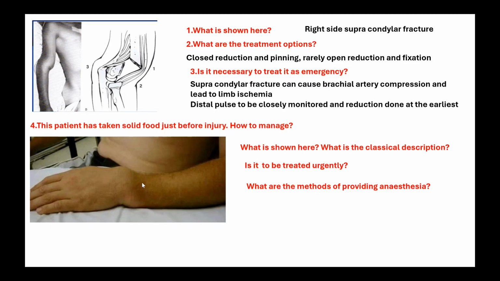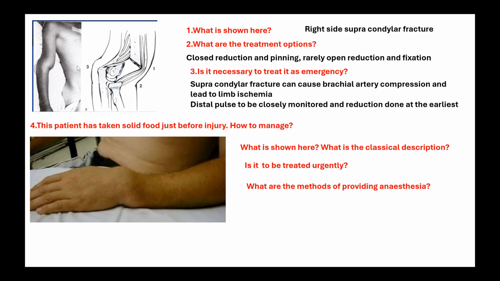Supposing they want to reduce this and apply a cast or put a pin, it usually happens in elderly patients, so they may have many comorbidities. Suppose it's a patient who is very obese and has eaten.